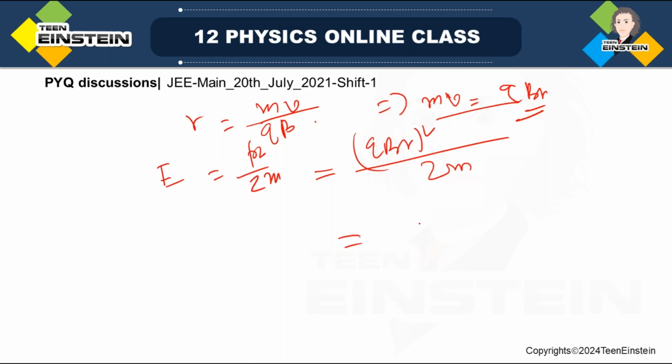Okay, so q here, see this electron actually, so it will be 1.6 into 10 to the power minus 19.